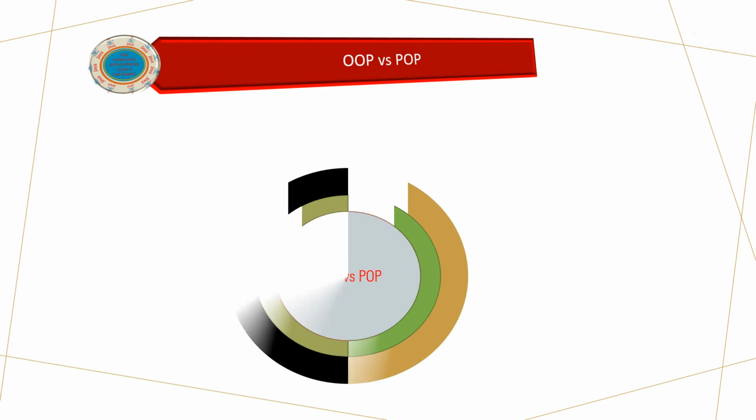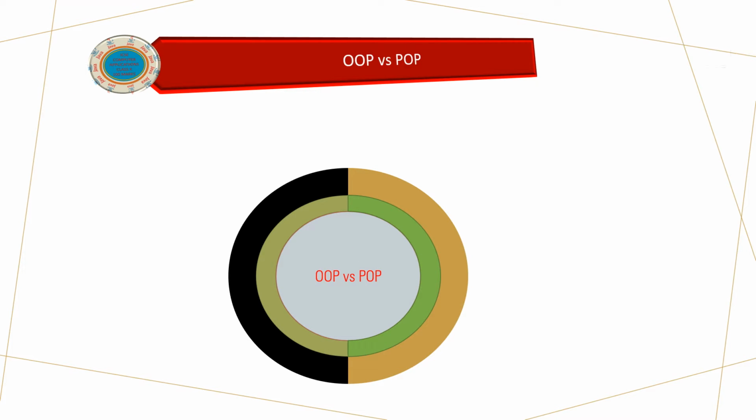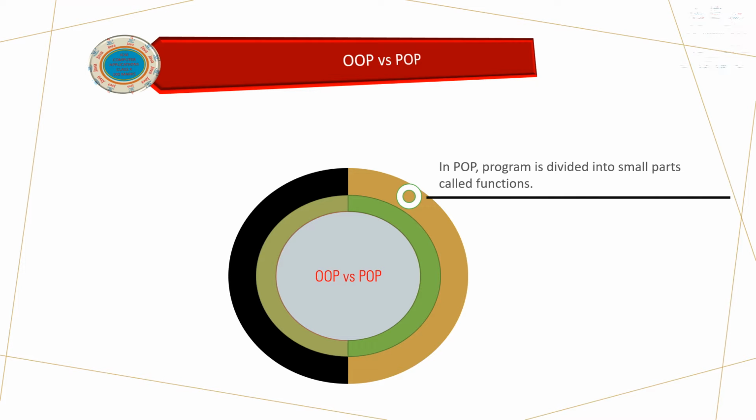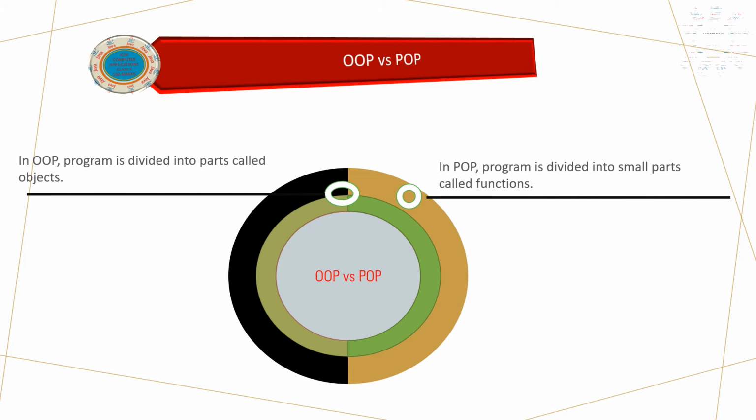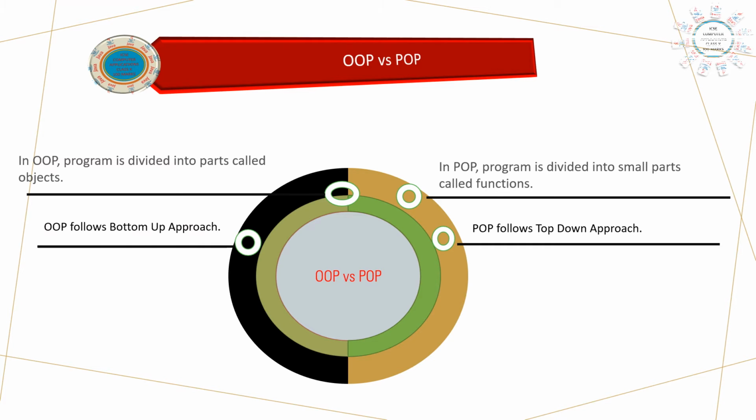And the next question, object-oriented programming versus POP. When a difference is asked, always make a column and write the difference on both sides. Here we can see object-oriented programming is divided into parts called objects, and POP is divided into small parts called functions. POP follows a top-down approach, and object-oriented programming follows a bottom-up approach.